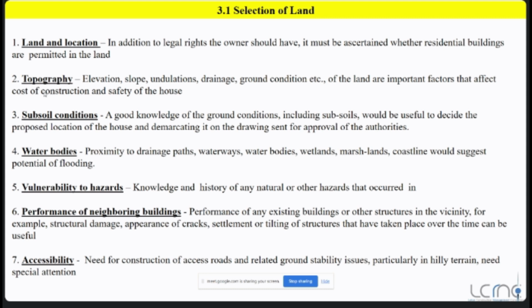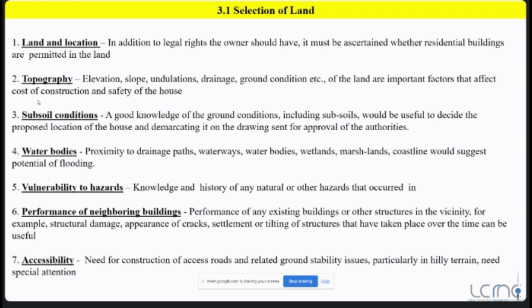The third one is subsoil condition. As I explained earlier in number 2, subsoil condition is again very vital. It's acting a very vital role. So definitely you need to have a clear understanding about the subsoil condition. One thing you can do to identify the subsoil condition is providing boreholes.